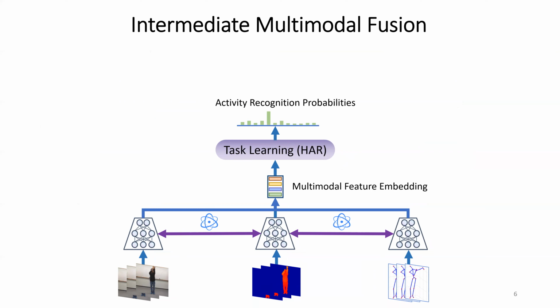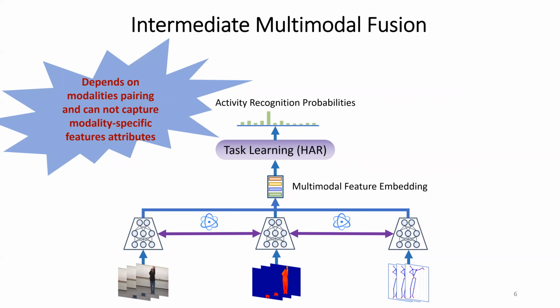This approach effectively allows intermodal interactions and extracts multimodal features. But the problem is that how the modalities interact with each other depends on the human designers, and it may be biased and may not effectively extract the multimodal features.